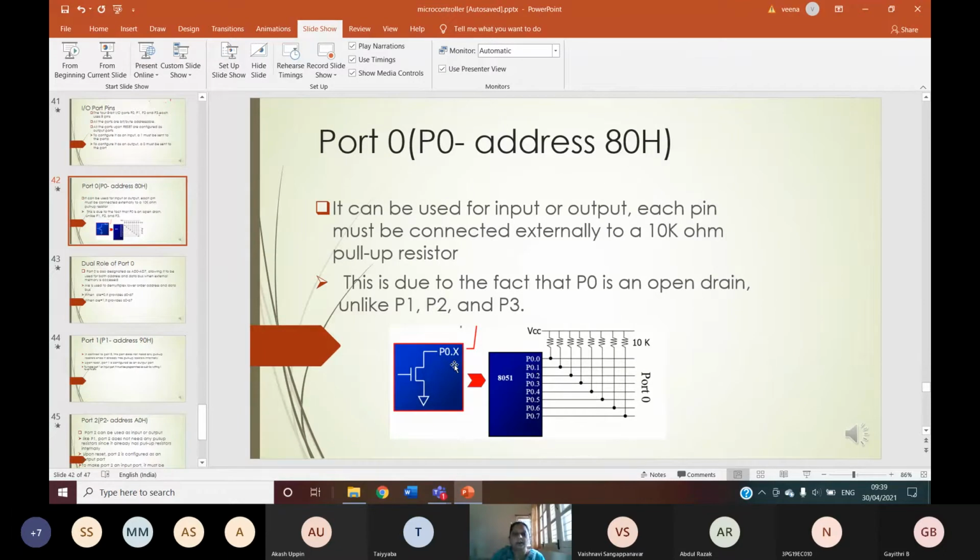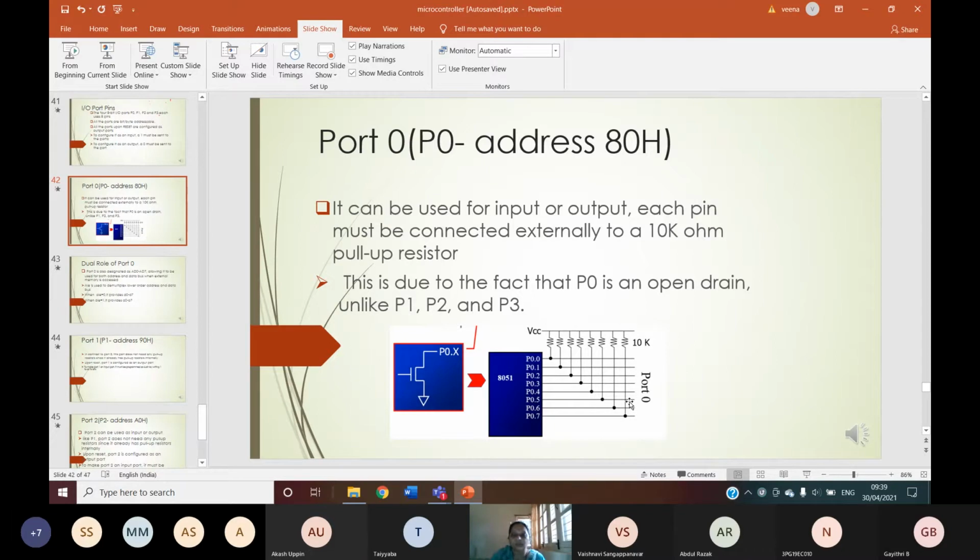The port 0 IO port has an open drain structure. When you go to module 3, we'll see the internal diagram. In the internal diagram, the port 0 pin has an open drain structure. Internally an FET is used, and in the FET the drain is kept open. Because of this, whenever you are using port 0 as an IO port, external resistors need to be connected to the port lines.